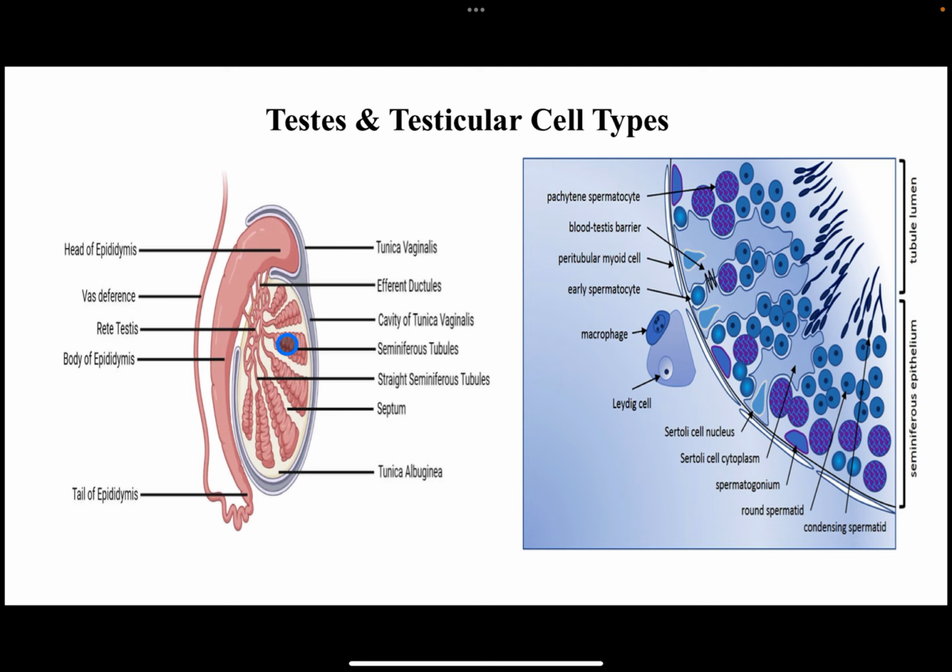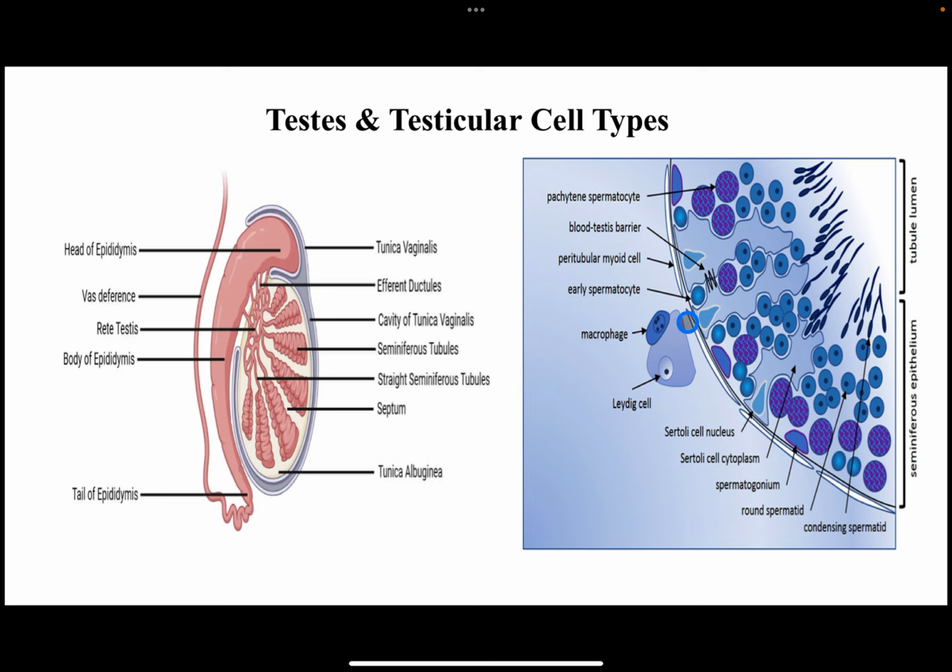Then the seminiferous tubules are connected to the straight seminiferous tubules. The straight seminiferous tubules are connected to the rete testis. The rete testis is connected to the efferent ductules, and the efferent ductules are connected to the epididymis. And the epididymis is connected to the vas deferens. So basically that is it for the structure of the male testis.